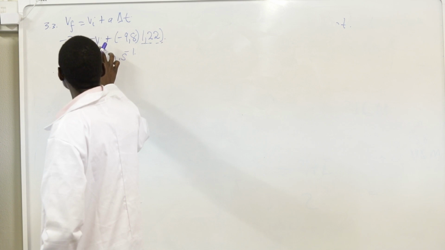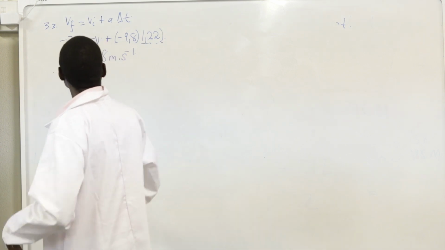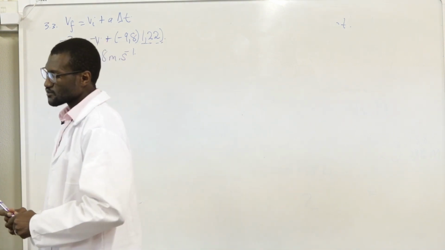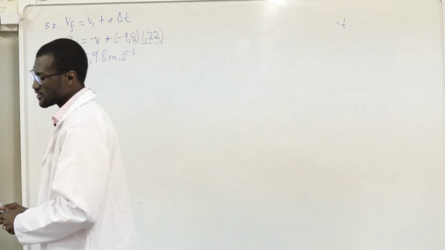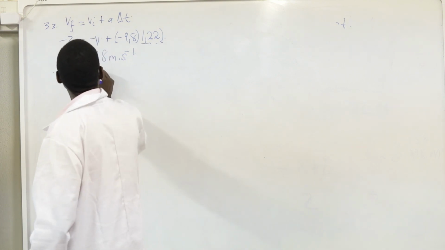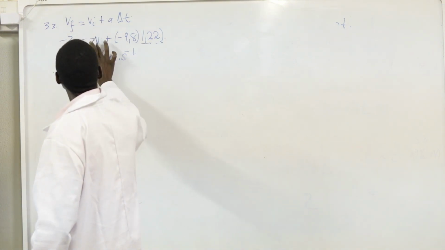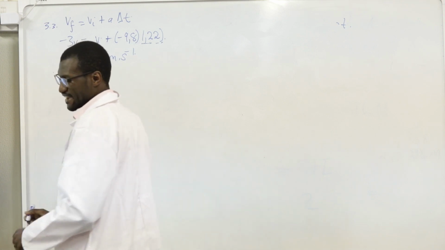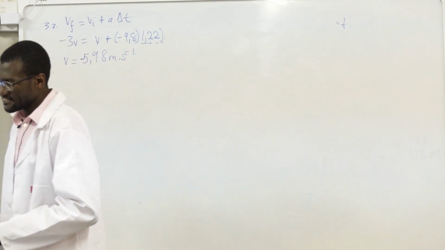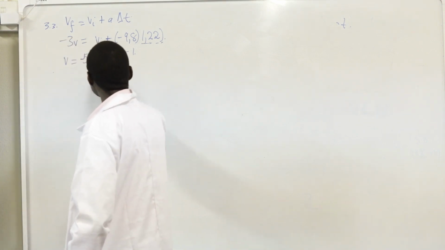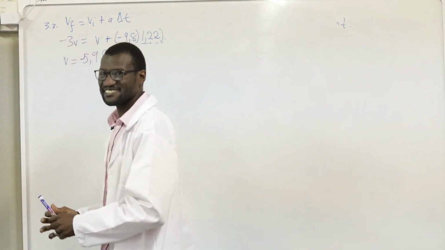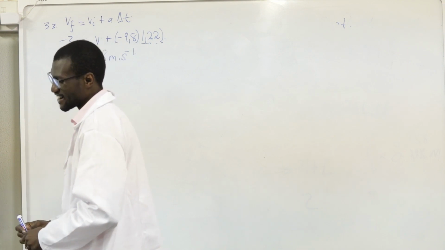So therefore, the v initial of that stone thrown on its way down is equal to minus 5,98 meters per second. All right?